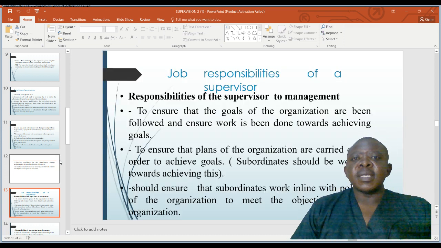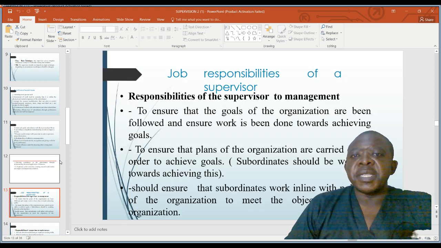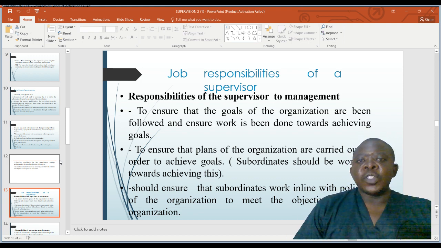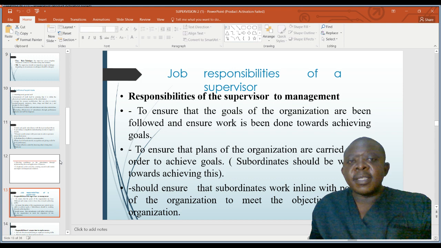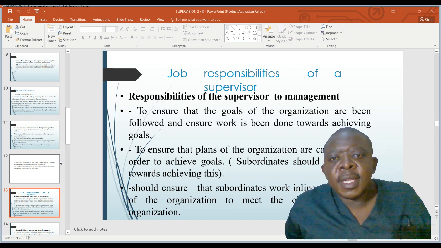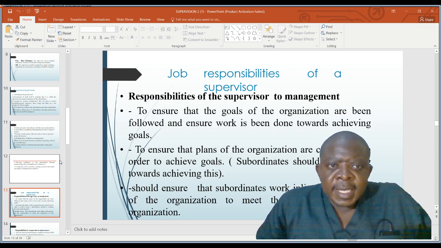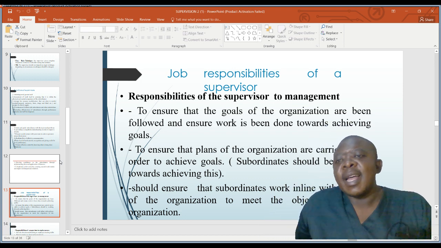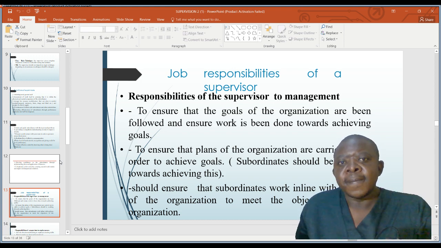Let us look at job responsibilities of a supervisor. So the job responsibilities of a supervisor may include to ensure that the goals of the organizations are being followed and ensure that work is being done towards achieving these goals.